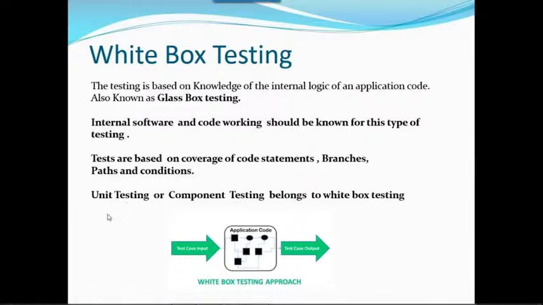So whenever the development is done, the developer will do what kind of testing? Unit level testing, or component testing. Unit and component testing belong to white box testing. So this is one of the most important interview questions, guys.